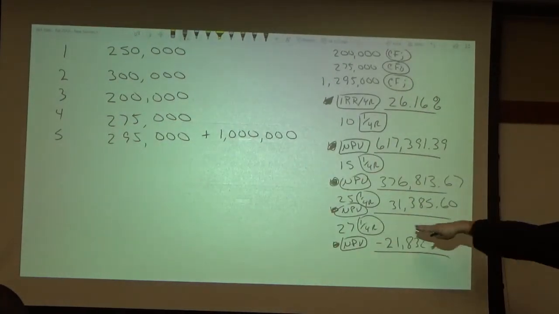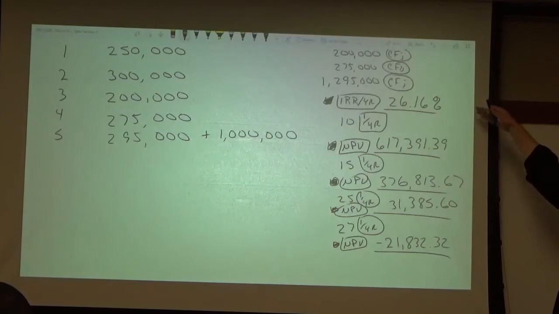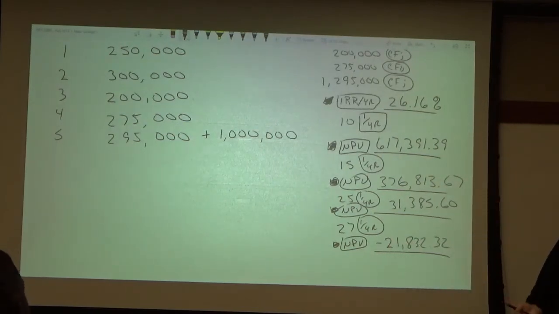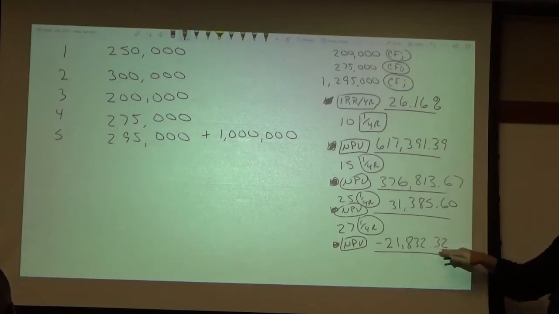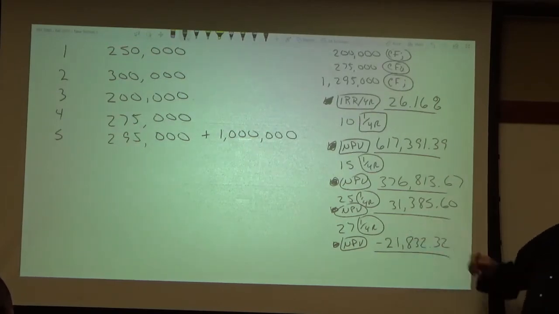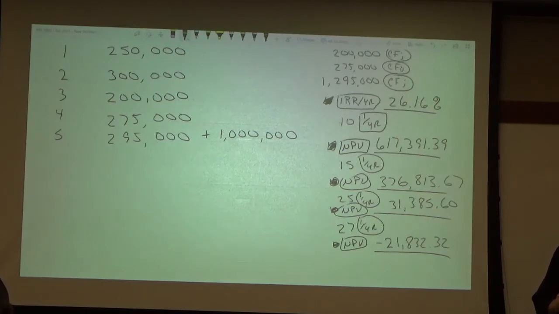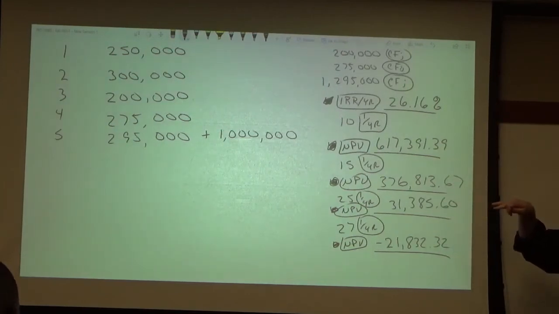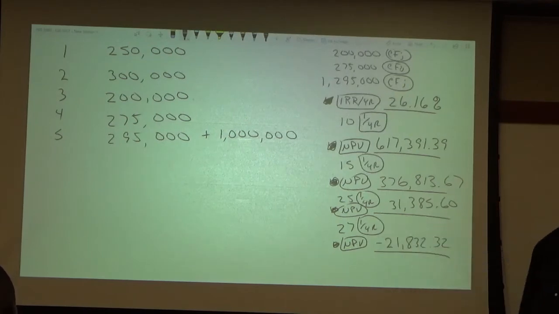If our hurdle rate is 27% and the project has only yielded 26%, therefore we lost, if you will, $21,000. That is the amount we are deficient in order to meet that hurdle rate of 27%. Does that make sense? Another way to put it is we would have had to pay $21,832 less for the project up front in order to meet that hurdle rate.